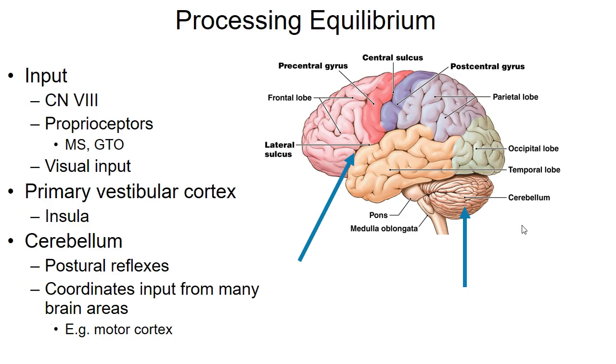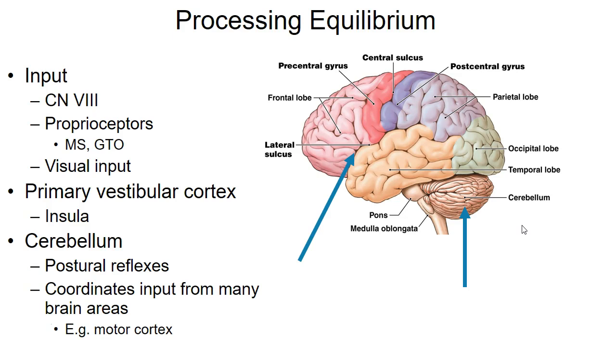The vestibular cortex is found in the cerebral lobe, that's the insula, right? Cerebellum is also involved with integrating this information to maintain posture, reflexes, so things that you don't really think about for when you say are consciously standing on one leg or running and so forth, right? And so also there's going to be input from the motor cortex.